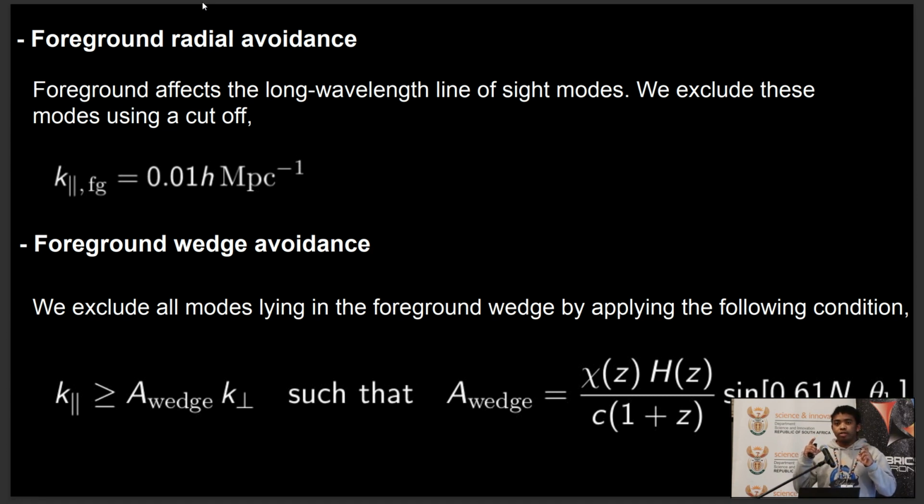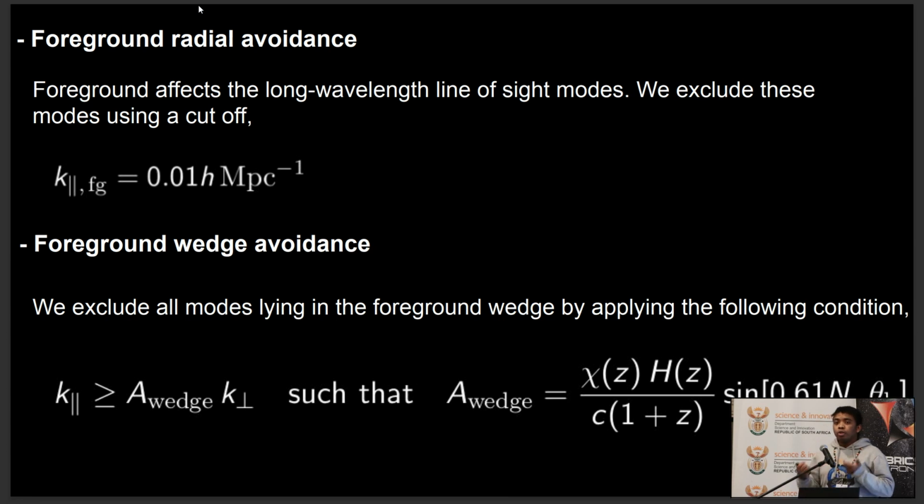But when we look at the 21 centimeter signal, it's buried in the foreground, by 2 or 3 orders of magnitude. Hence, we need to do some foreground avoidance, such that first on the line of sight, which is the foreground radial avoidance, we impose a cutoff at 0.1 h per megaparsec at large scales.